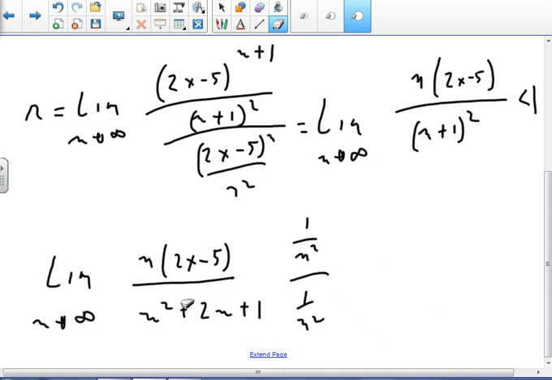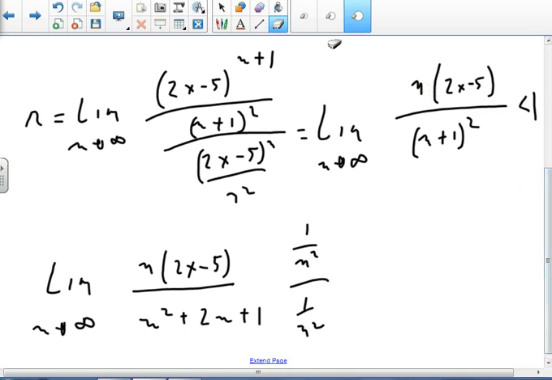N goes to infinity. So we want this to be, this isn't n. This is n squared. That's the problem. That's n squared.